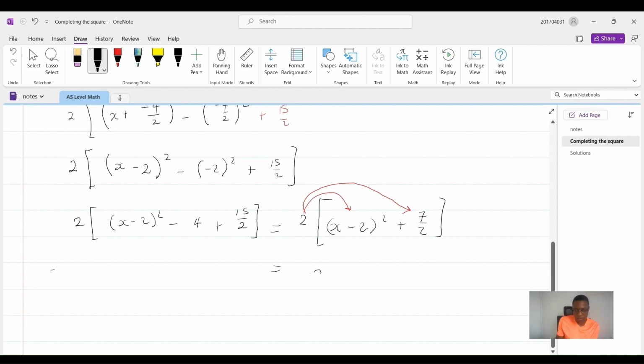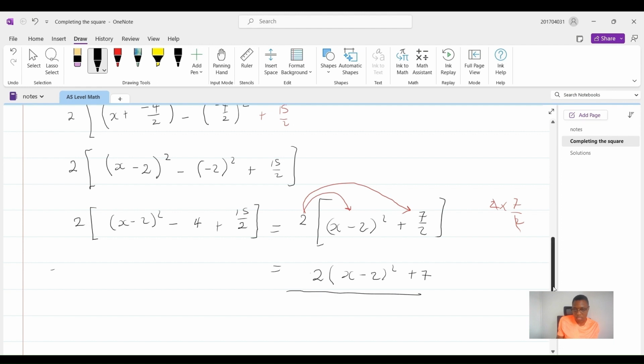So that's simply going to give us 2 times x minus 2 squared, right? Then here 2 times 7 over 2. Let's quickly do that on the side. It's going to be 2 times 7 over 2, right? So that 2 is simply going to cancel that. So we'll be left with just positive 7.